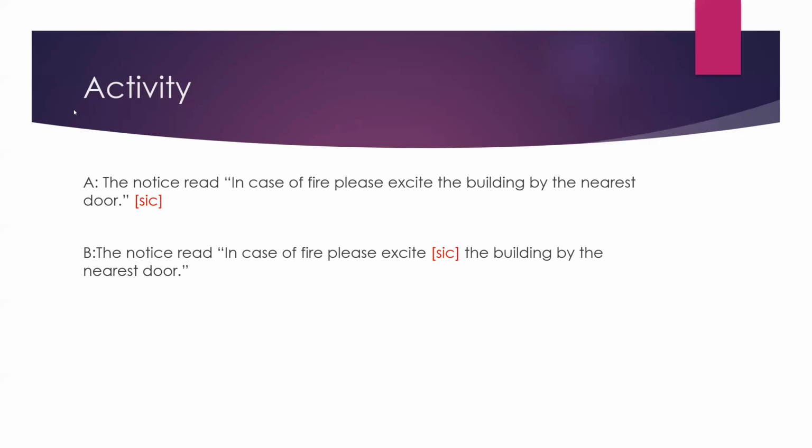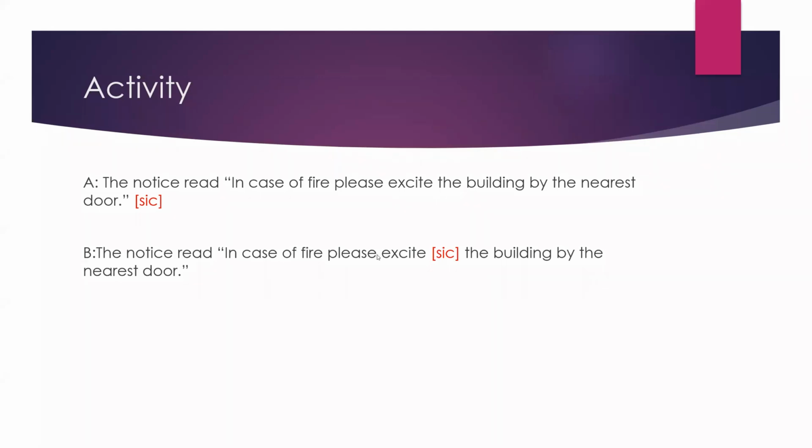Very good. Indeed, it is B. B is the correct use of this type of clarification within the brackets. Now, adding the clarification to the end of the sentence does not really help the reader to identify the mistake immediately.